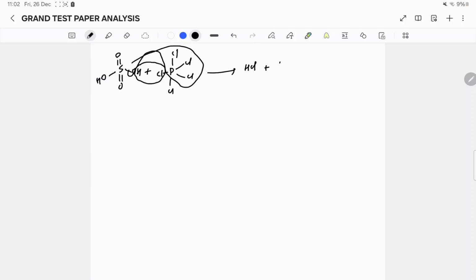So HCl plus POCl3, and the remaining part I can write as HSO3Cl. Then this HSO3Cl reacts and forms SO2Cl2 plus H2O as the possible product. From this reaction, there is no formation of SO2 gas.